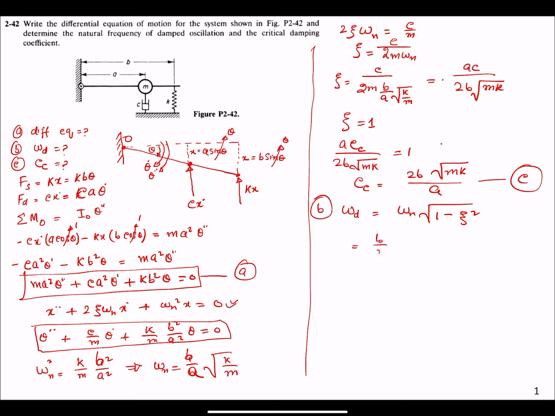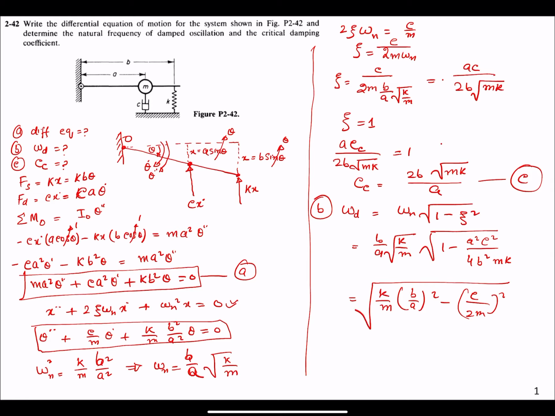That becomes b by a times the square root of k divided by m, and inside the square root you have 1 minus zeta, which is a square c square divided by 4 b square m k. If you simplify this equation, it becomes the square root of k divided by m times b by a whole square, minus c divided by 2m whole square.